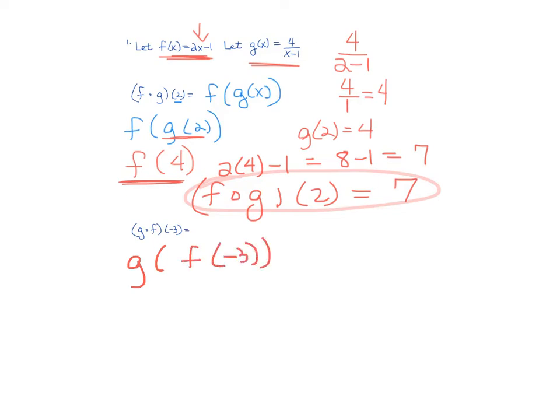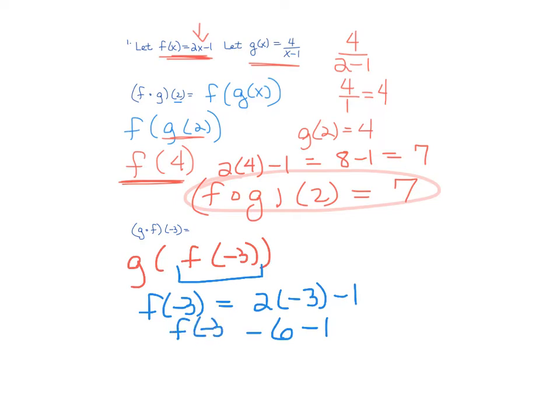I'm going to first work on the inside. So I'm going to take my f of x function, and I'm plugging in negative 3. So f of negative 3 is equal to 2 times negative 3 minus 1. Negative 6 minus 1. And f of negative 3 equals negative 7.